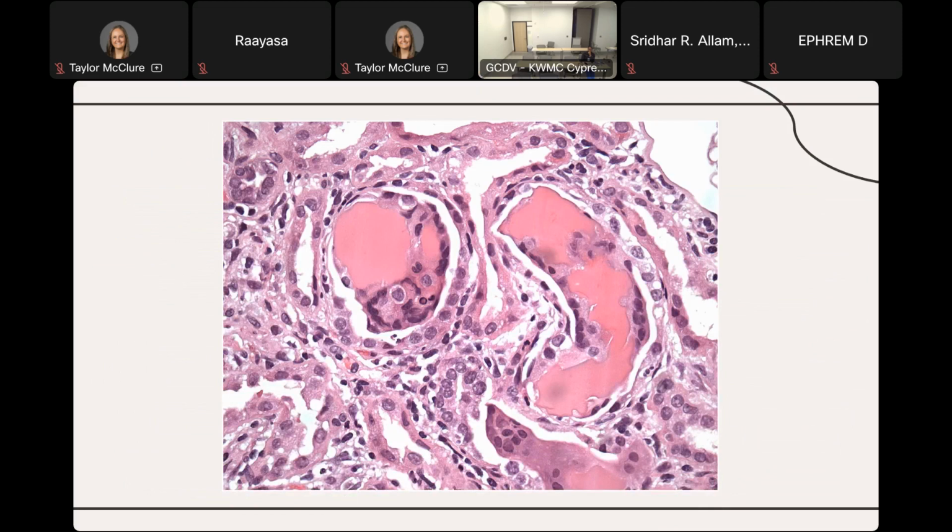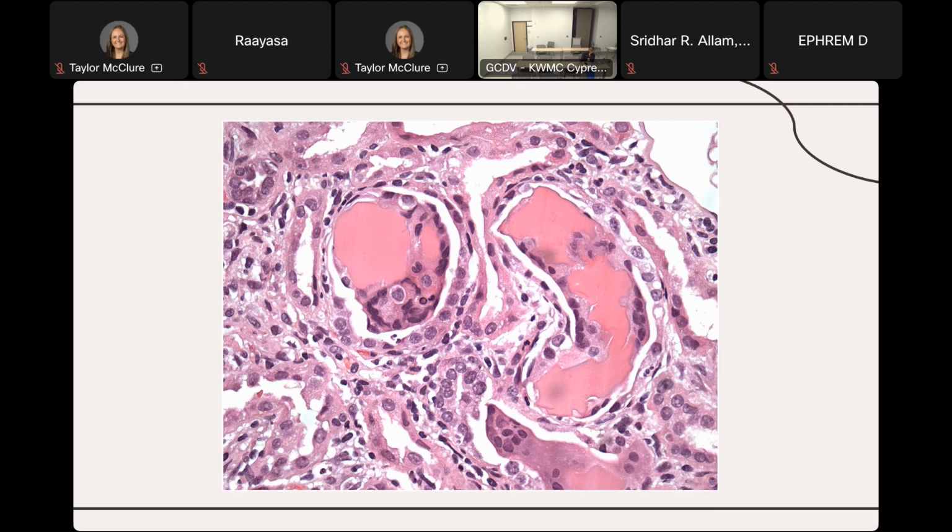Amyloid. Okay, I have a taker for amyloid. Another taker? Let's talk about the structure. What kidney structure is this? Not the red thing. Does this look like a glomerulus? A glomerulus has a lot of capillaries, right?